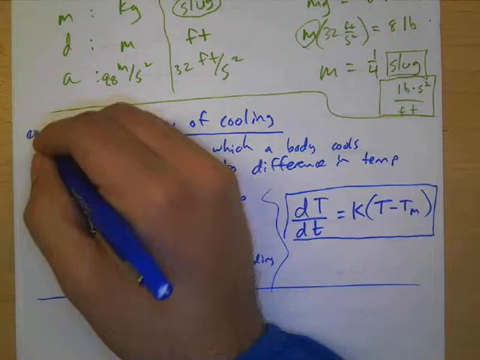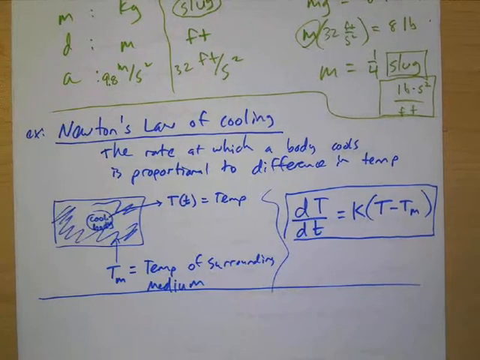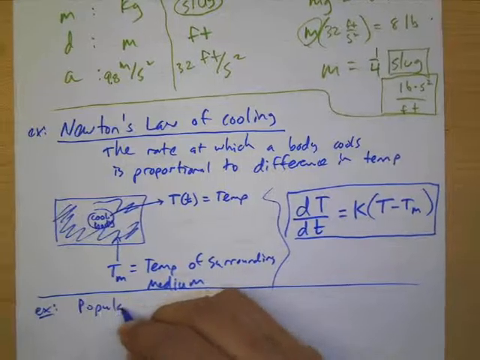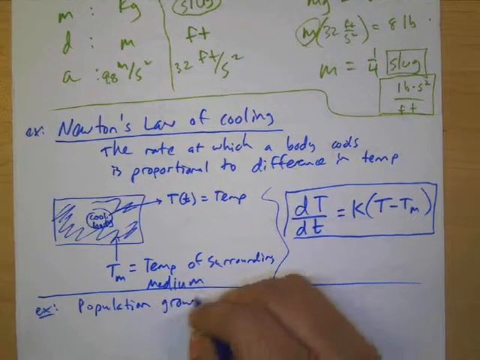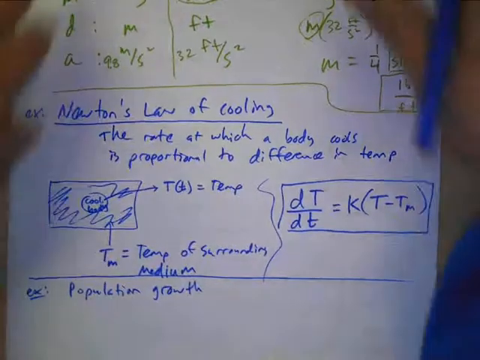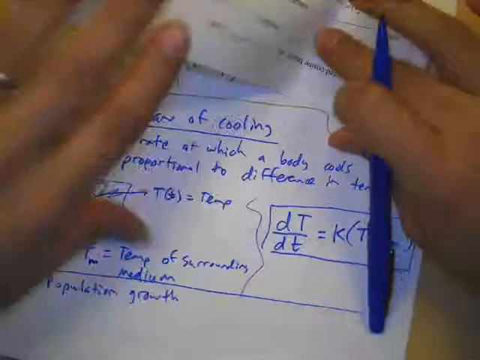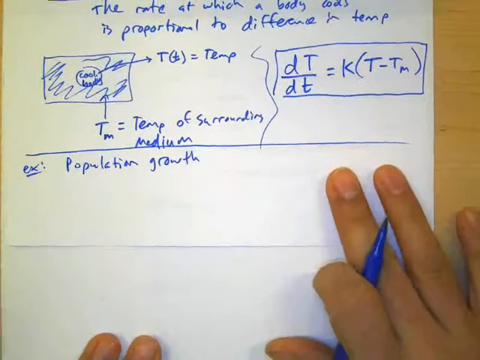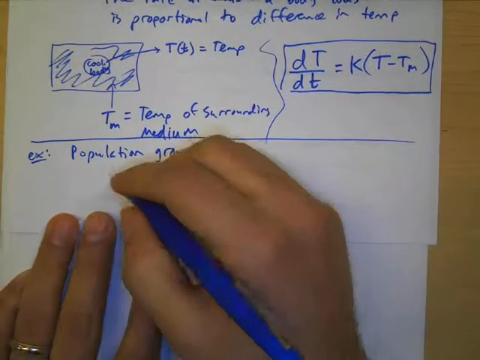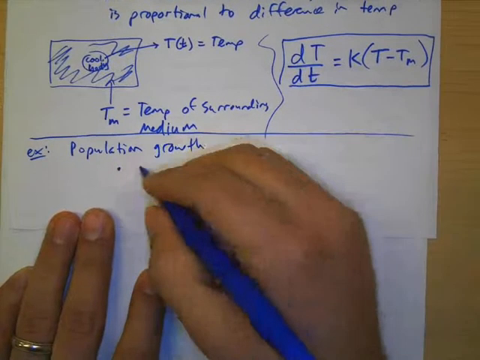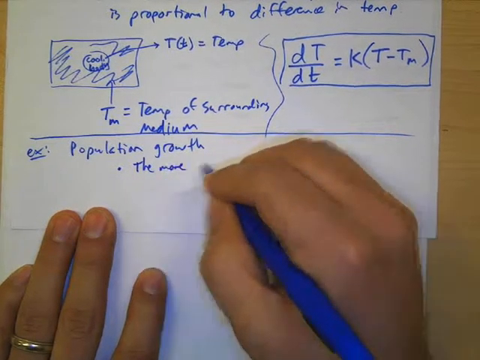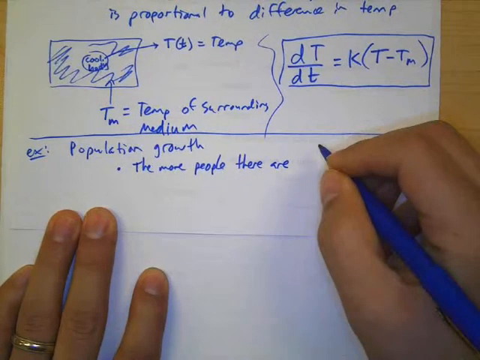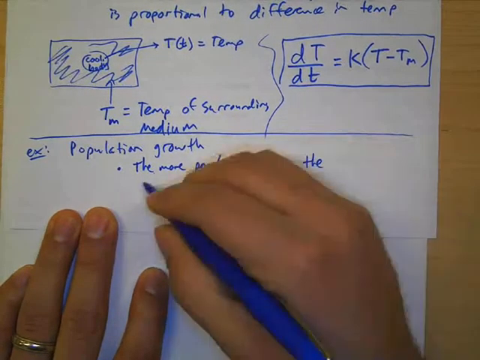So that was another example. Here's another one that you guys should be familiar with. Population growth. A very, very simplistic model. We'll clean this one up later when we have more tools under our belt. But a reasonable assumption would be that the more people there are, the more there will be.